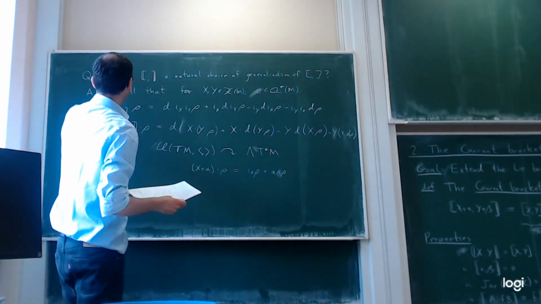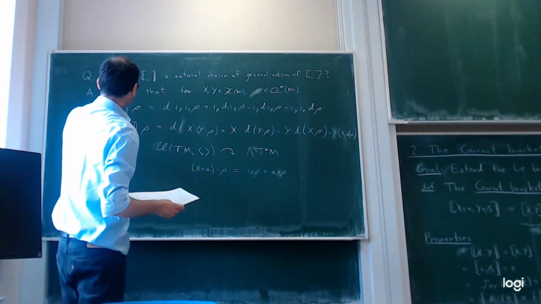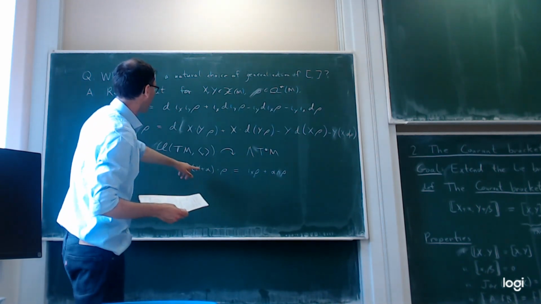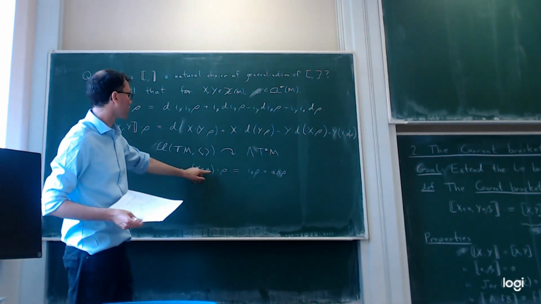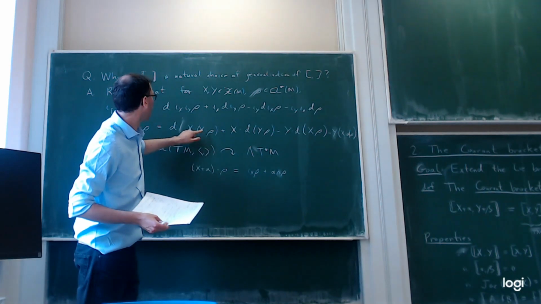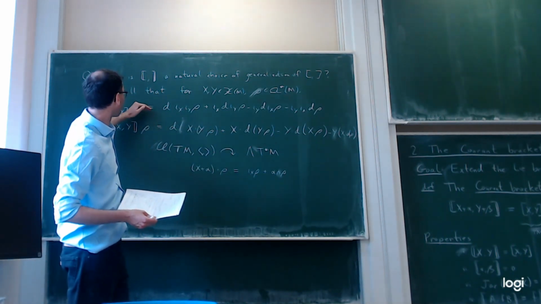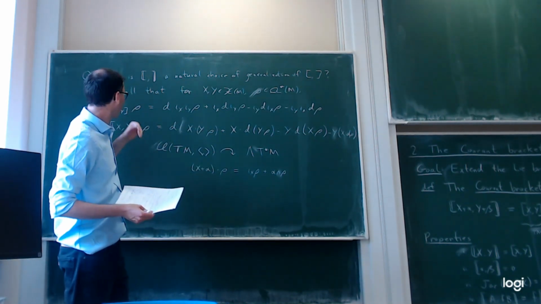So here we only have vectors. We don't have any cotangent components. So it's just the interior product, and that's how we move from this first equality to the second equality.